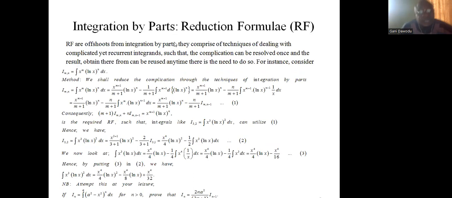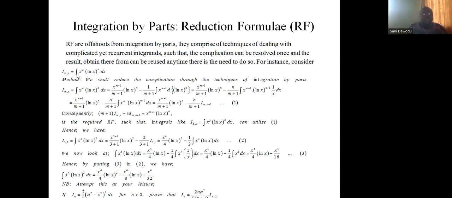So this is how it works. We are going to look at an integrand. Most of the time, it is a rather complicated integrand that we'll be looking at. We will now use the method of integration by parts on it, and as we do so, we will generate an expression that can be used to further resolve the complicated integrand.